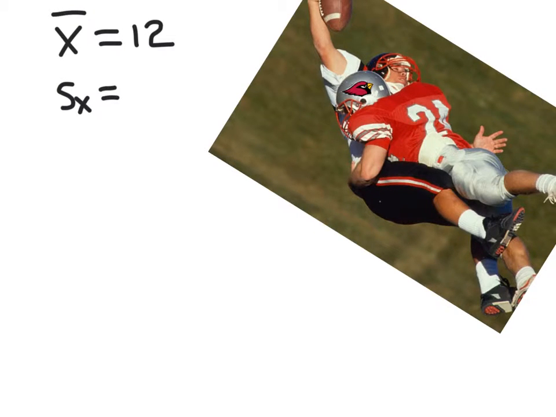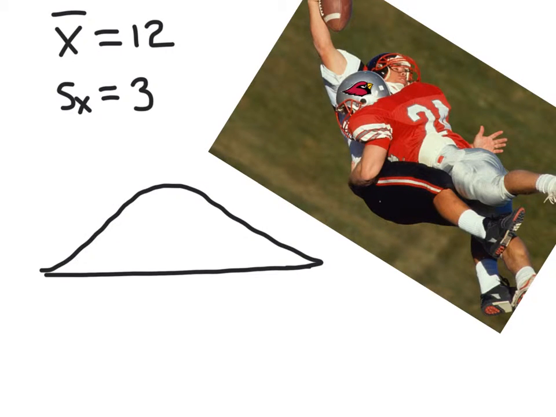What that means is that most of the teams have somewhere between 9 and 15 sacks, because we say, okay, 12 is the average, minus 3 is 9, plus 3 is 15, somewhere in that range. Now, I'm going to draw a graph, and let's take a look at what that looks like. So here's our standard normal curve, and right in the middle is going to be 12. Now, one of the things we want to start thinking about is this as an area, the area under this curve.